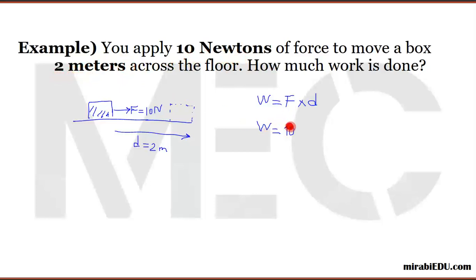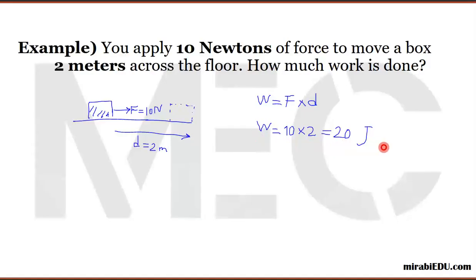So F is 10, distance is 2. Therefore, the final answer is 20. What is the unit for 20? The unit is joule. Because in physics, most of the quantities have units, so we cannot say work is 20 only. Work is 20 joule.